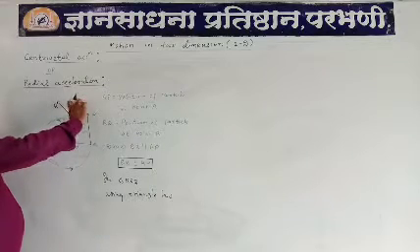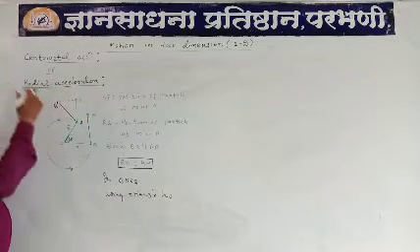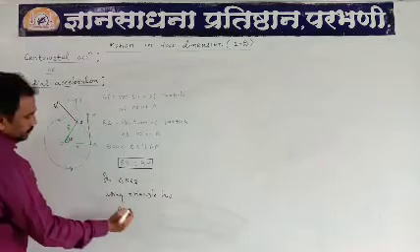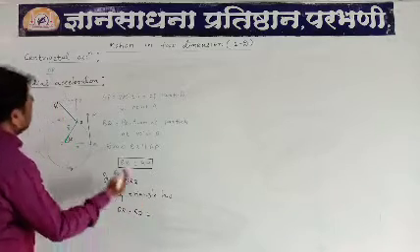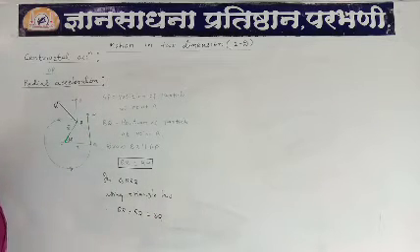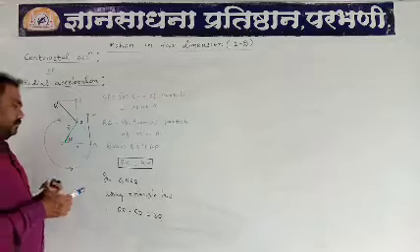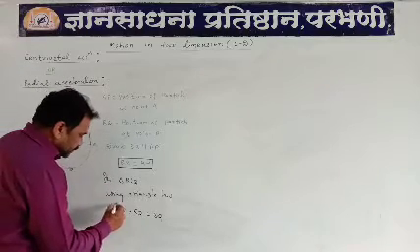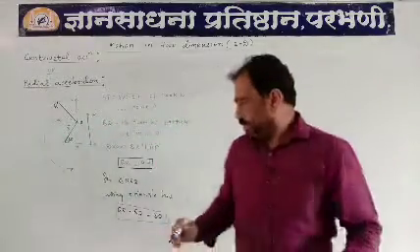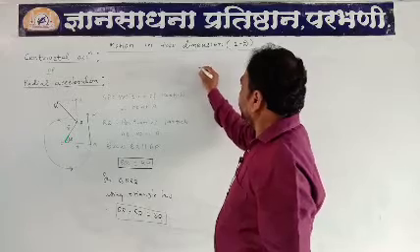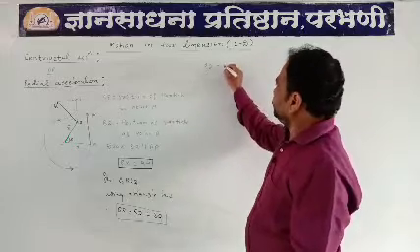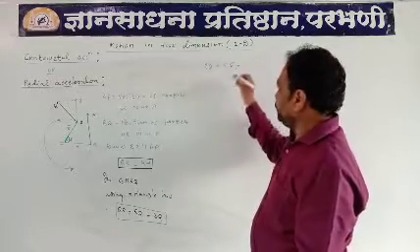That is BR plus RQ is equal to BQ. Okay, so this is the triangle law which we have to apply. Now, applying this triangle law, how can we write RQ? Therefore, RQ is equal to BQ minus BR.